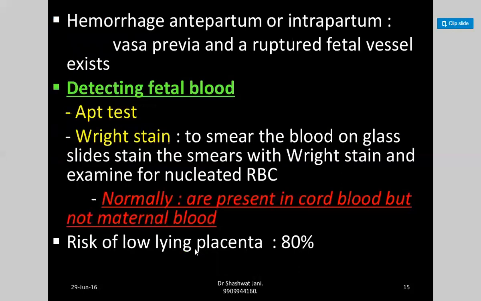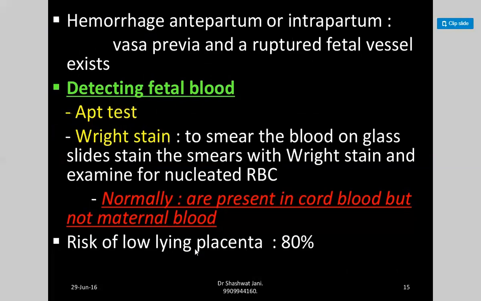Sometimes it can lead to hemorrhage, antepartum or intrapartum hemorrhage, when vasa previa and rupture of fetal vessels exist. For detecting fetal blood, there is the APT test, Wright stain: smear the blood on glass slides, stain the smears with Wright stain, and examine for nucleated RBCs, which are normally present in cord blood but not in maternal blood.